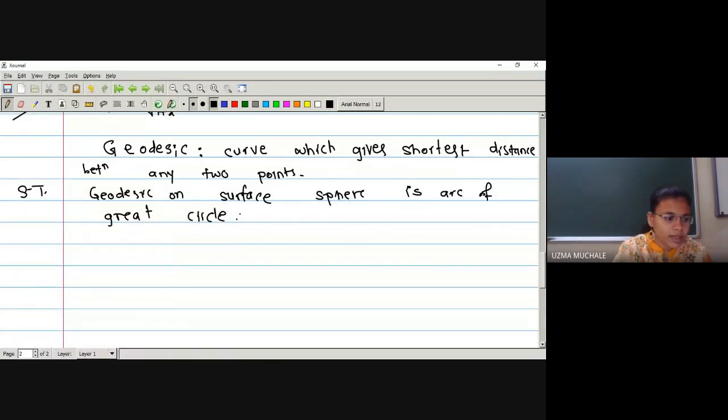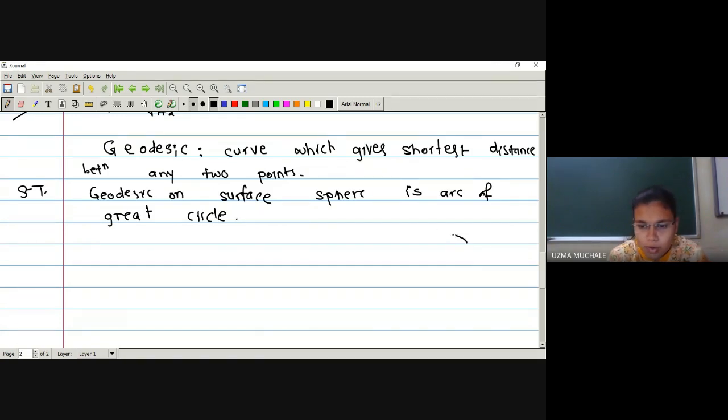Okay, this is the next example that we will solve in this lecture. So what is a geodesy? The curve which gives the shortest distance between the 2 points. Okay. Now, what is our aim? Show that the geodesy on the surface of a sphere is an arc of a great circle.